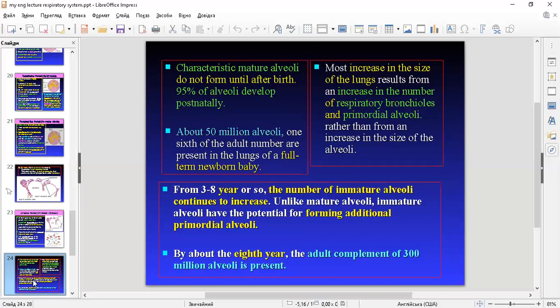Most increase in the size of the lungs results from an increase in the number of respiratory bronchioles and primordial alveoli, rather than from an increase in the size of the alveoli.